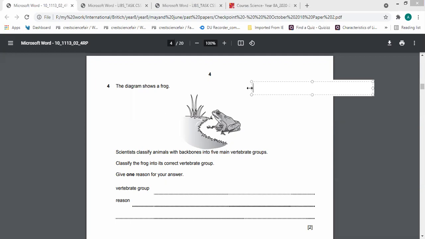First one, amphibian. Then reptiles. Excellent, guys. Then fish. Then birds. And the last one, mammals.